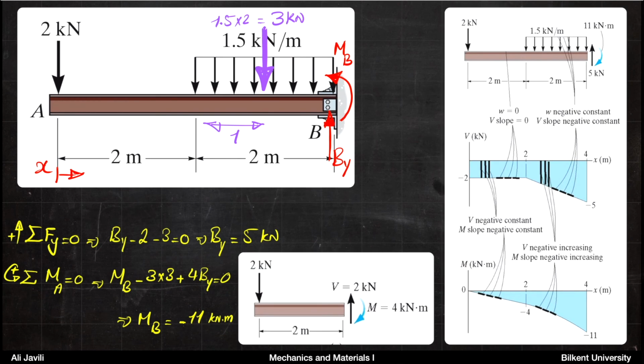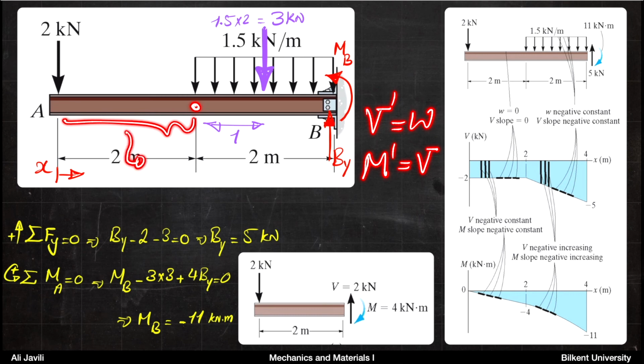Now, using this information, you want to draw the shear force diagram and the moment diagram using what we just learned. If you remember, V prime equals W, and M prime equals V. From point A to the center, there is no distributed force, so W is 0 here.